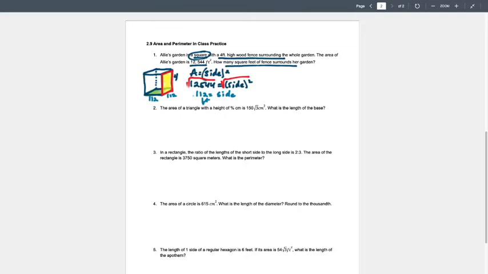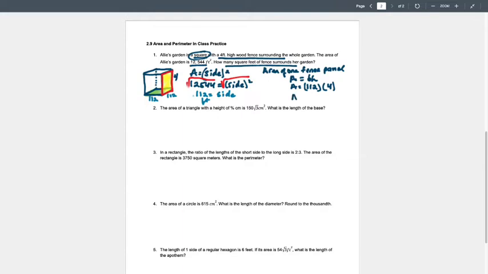So if I want to figure out the area of one fence panel, it's a rectangle, so I'm going to do area equals base times height. All right, my base is 112, and my height is 4.